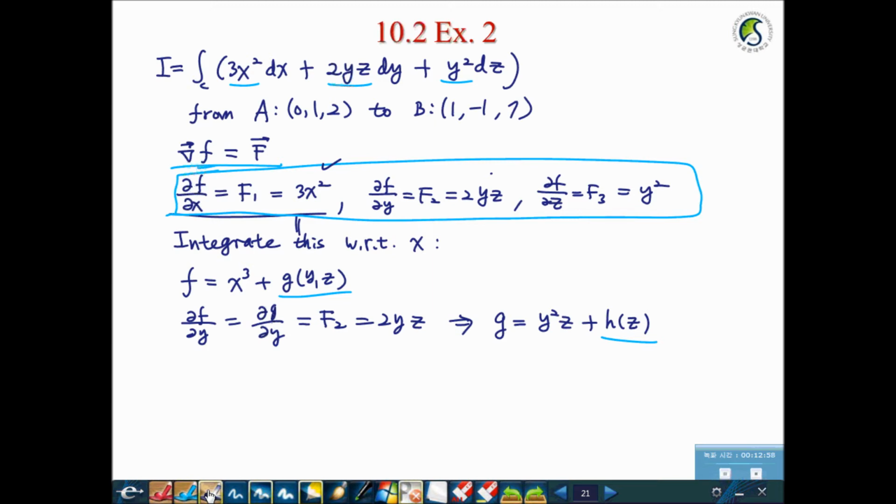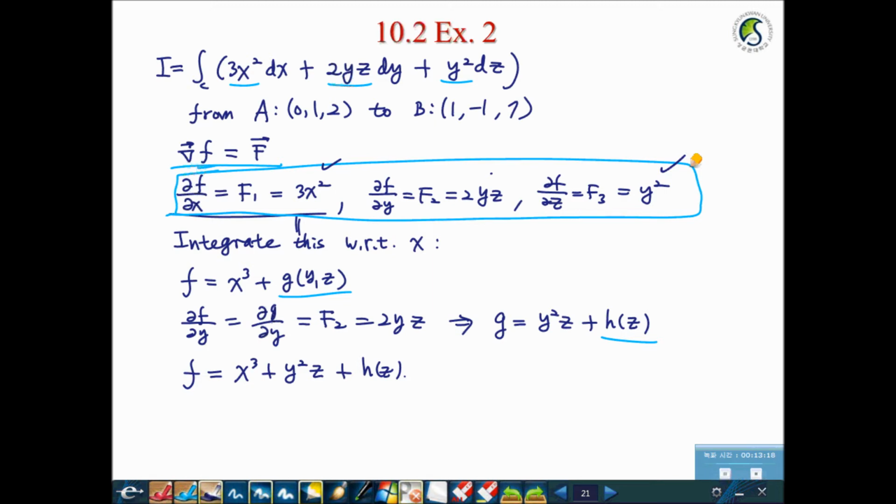Then f becomes x cubed plus y squared z plus h of z. All right.